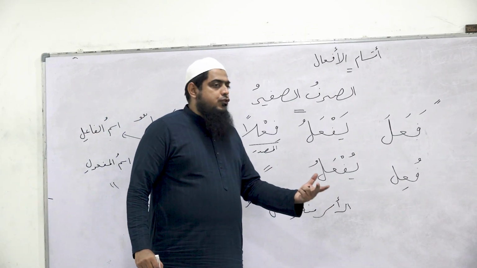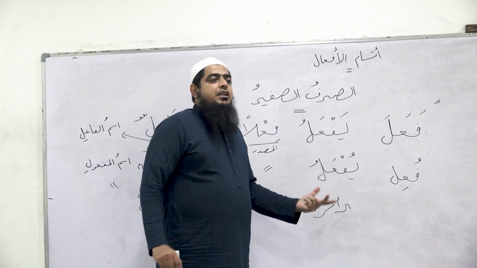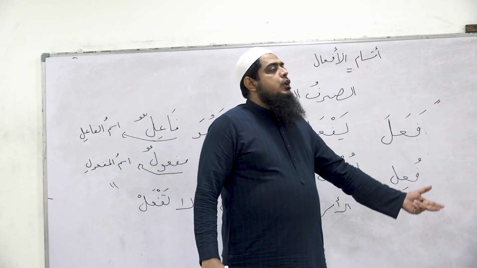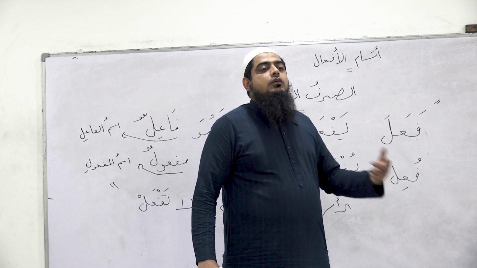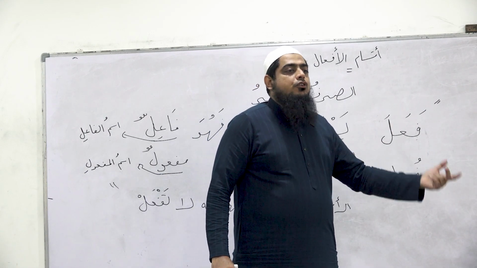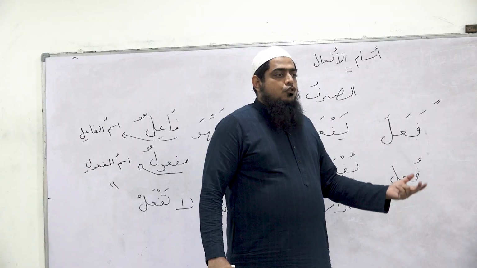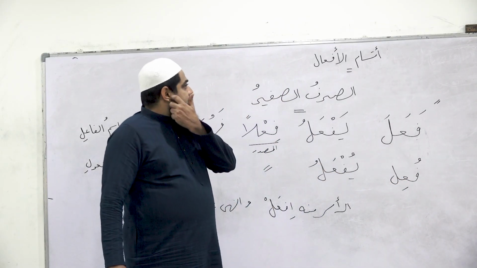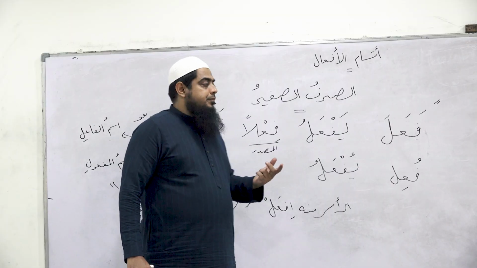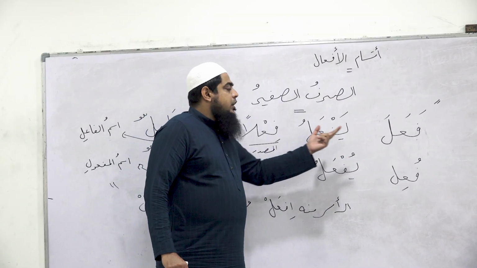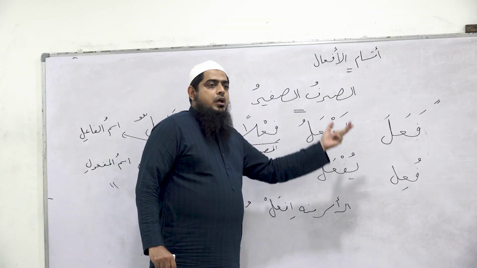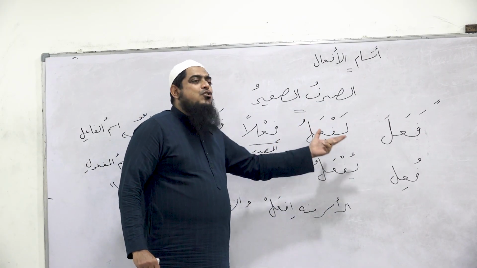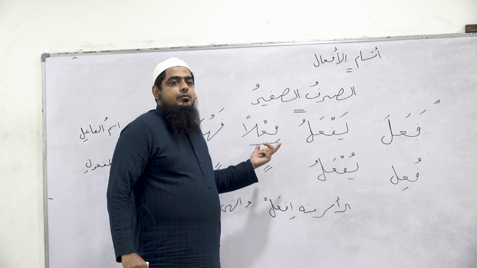Masdar meaning source. The basic meaning of masdar is source, from where you get water, from where you get whatever you want. That is called source, that is called masdar. The grammarians say that fi'l al-ma'loom, fi'l al-majhool, madi, mudari', amr, nahi, all these conjugations come from masdar.